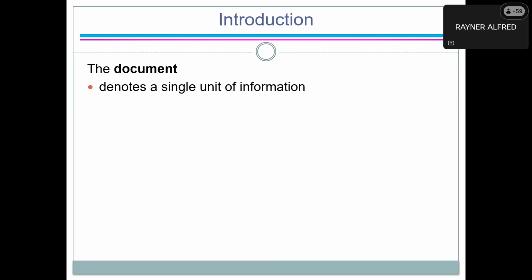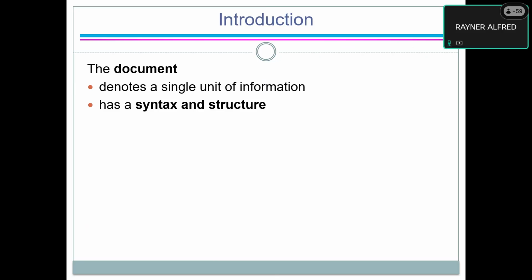Okay, for each of the documents that we have, we can see the syntax, which is the meaning or the information carried by those symbols or terms in the document, and also we have the structure.